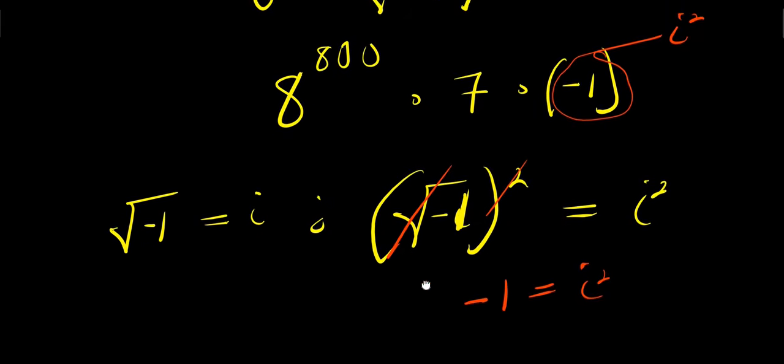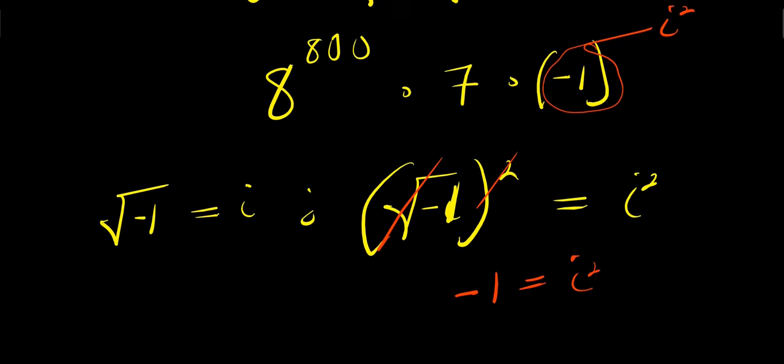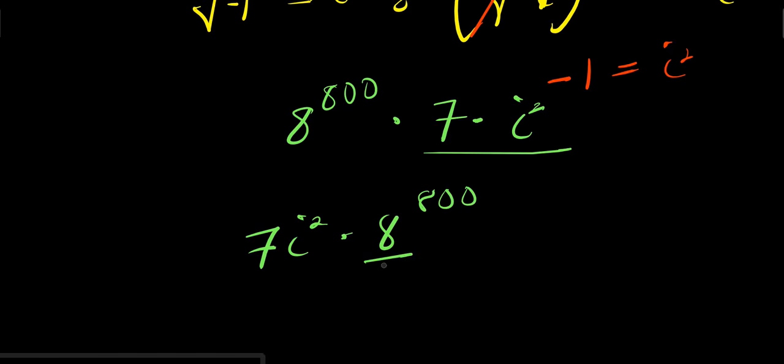So what we are going to have will be 8 power 800 times 7 times, instead of -1, we have I power 2. So from here, you will simply have 7 times I power 2 times 8 power 800, and 8 is 2 power 3.